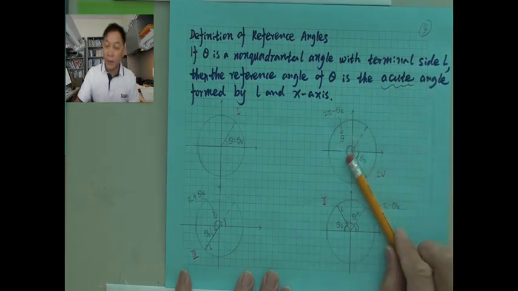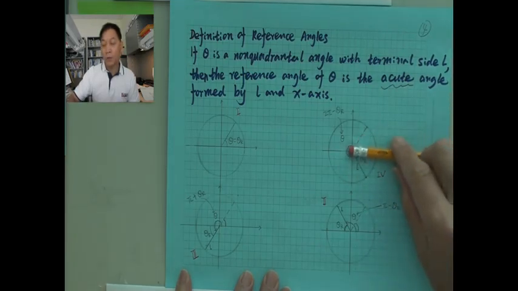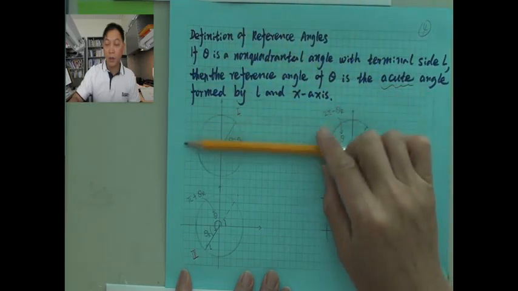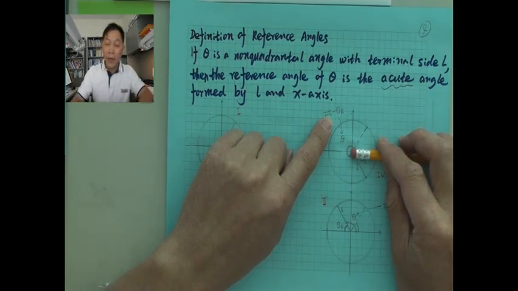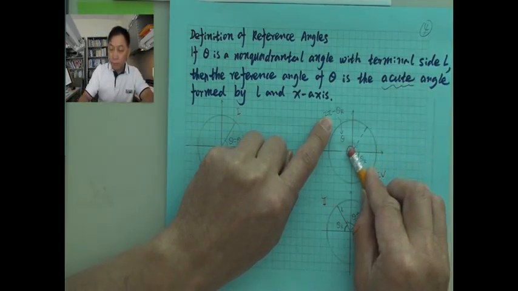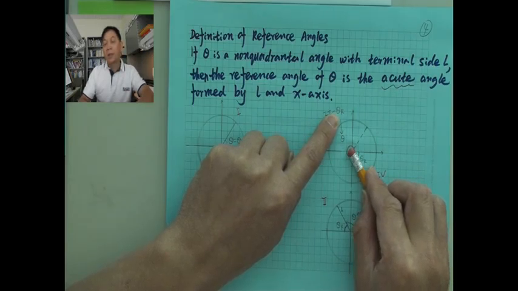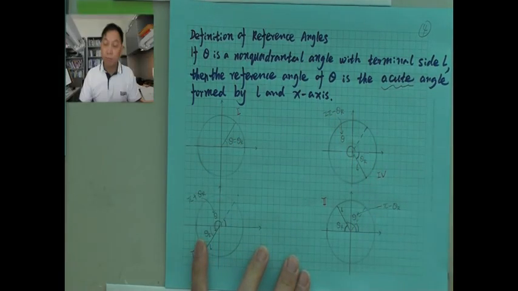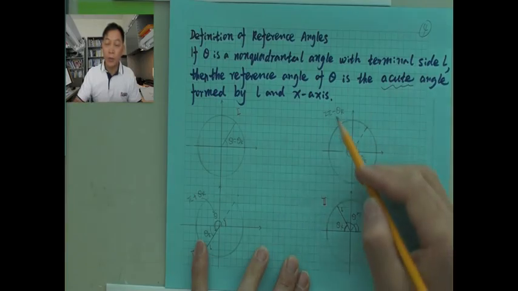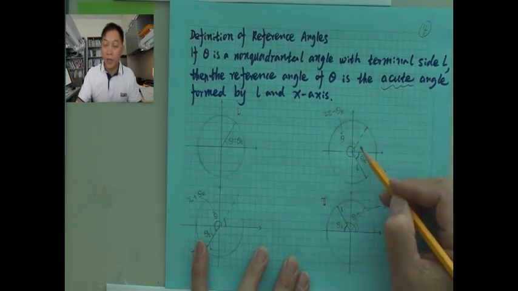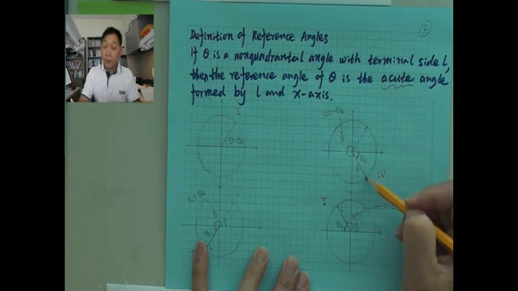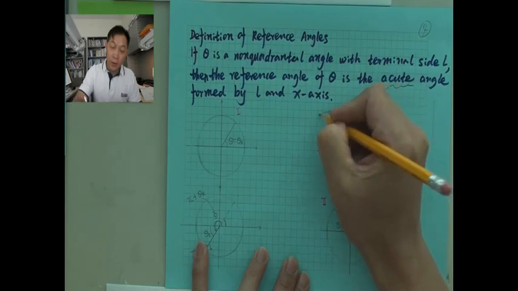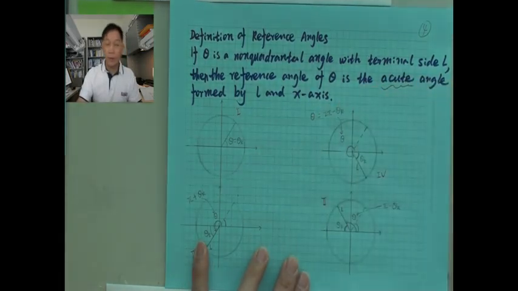How did we actually get this angle? You can look at it this way: rotate first 360 degrees, that's 2 pi, and then rotate back by the reference angle. So it's 2 pi minus the reference angle, and you will have theta, the original angle.